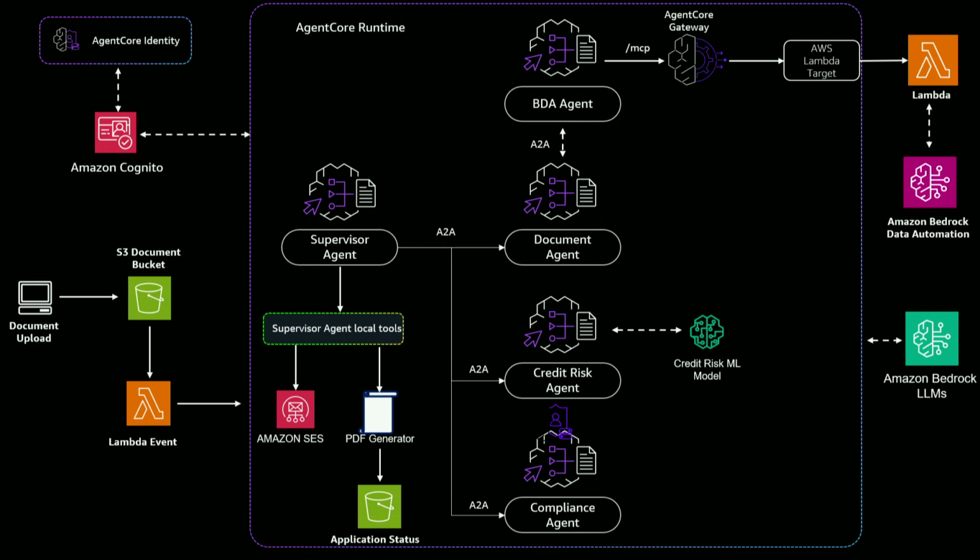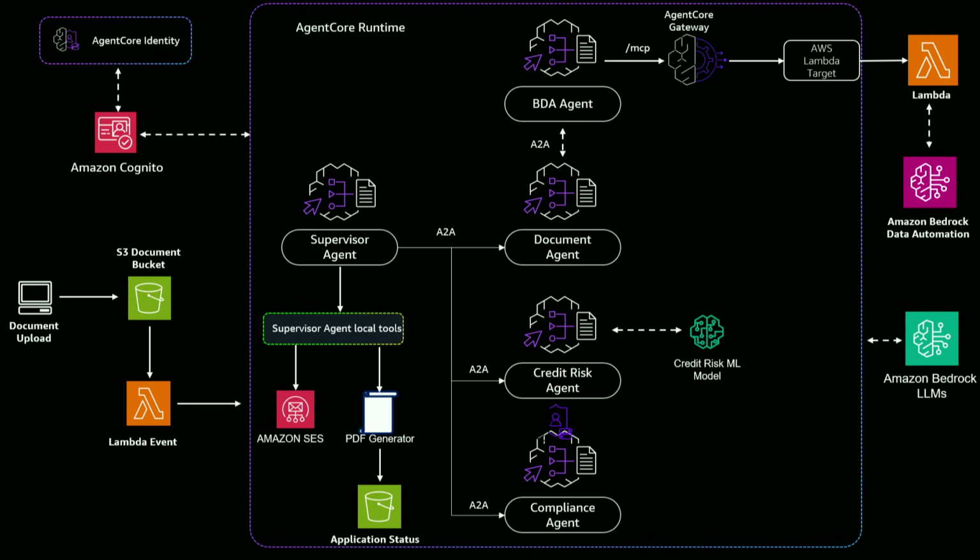The supervisor agent is tasked with the role of saying, you are a supervisor agent who will be processing loan applications. And one of the tasks the supervisor agent has is to find out what other agents are there which can work along with it to perform this loan application process workflow, and then work with them to get the whole task done.